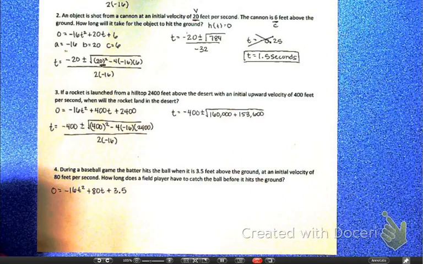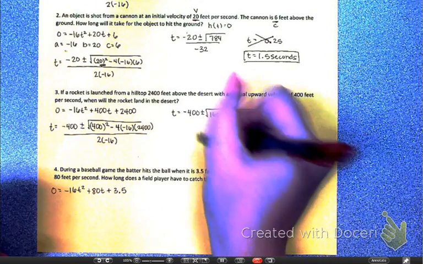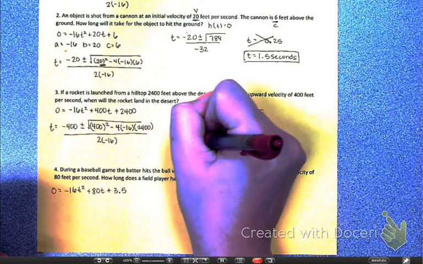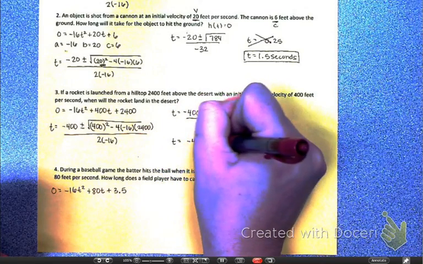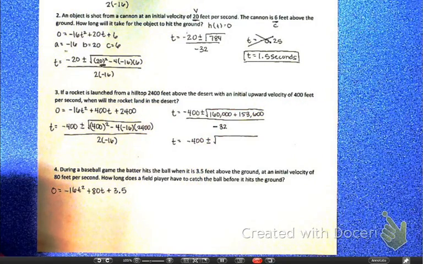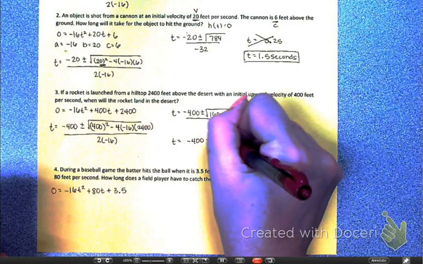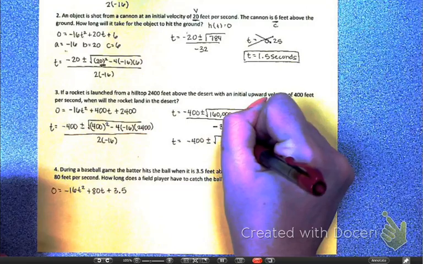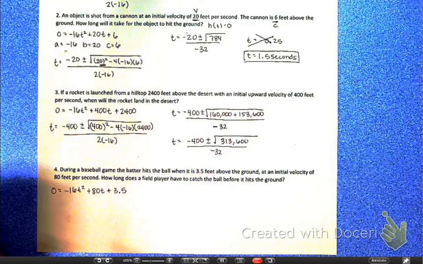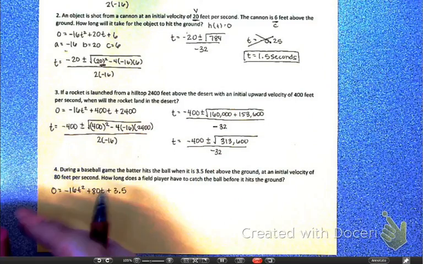So t equals negative 400 plus or minus the square root of 400 squared, which is 160,000. And then negative 4 times negative 16 times 2,400 is 153,600.